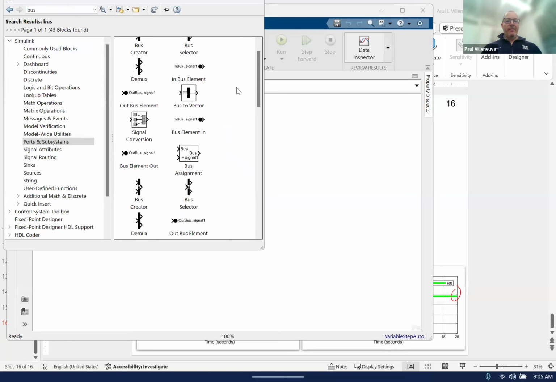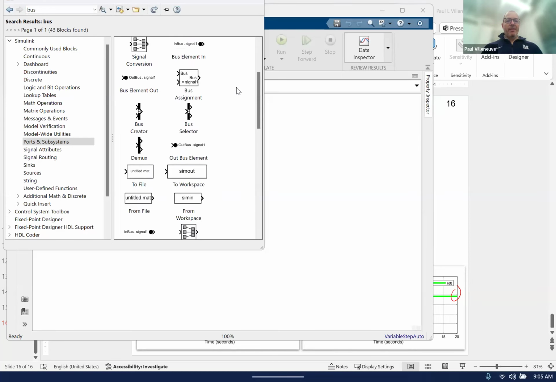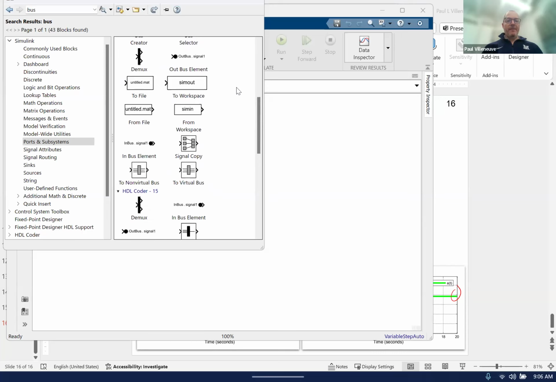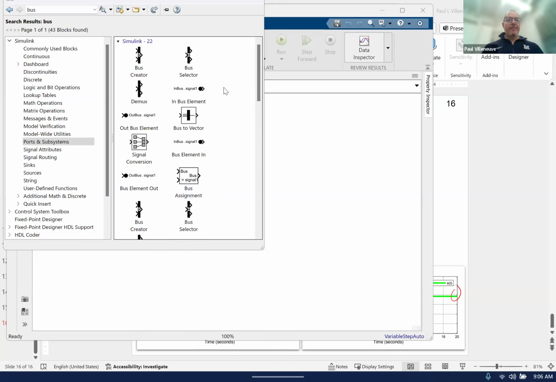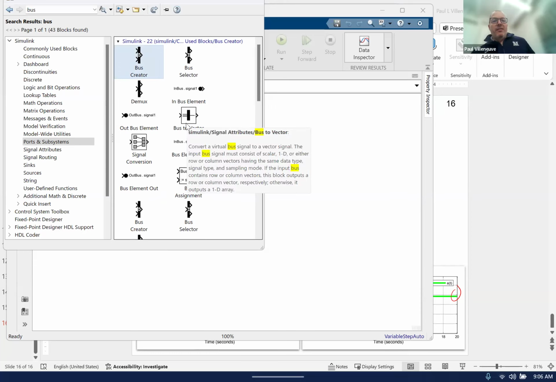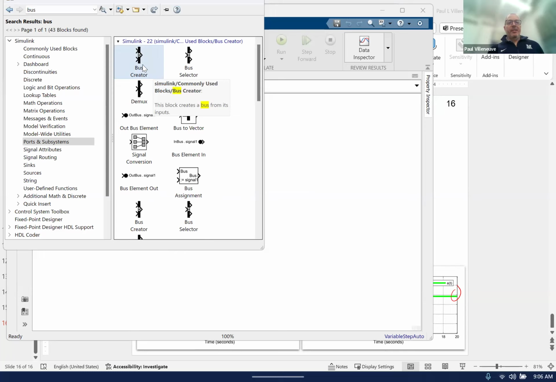So maybe it's the multiplexing of signals. Is it here? It takes the two signals in and then puts them into one. So I think it would be this one. It's like a multiplexer.